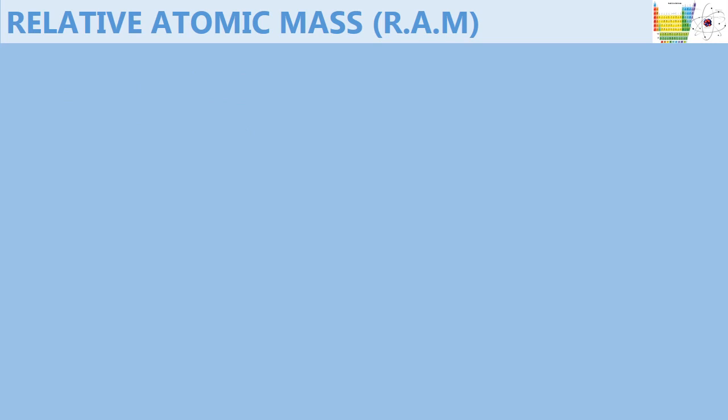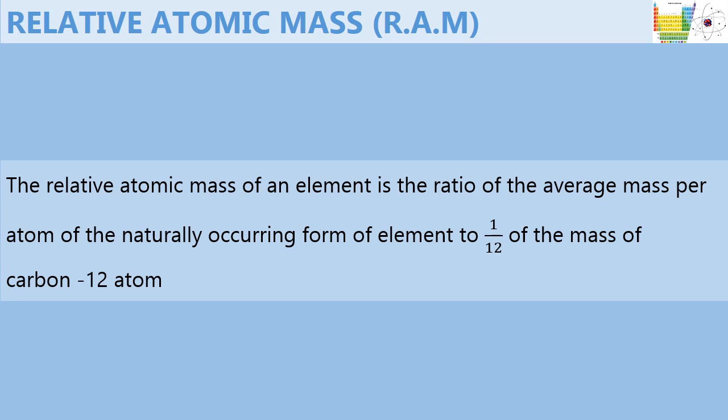This led to a new definition of the relative atomic mass as follows. The relative atomic mass of an element is the ratio of the average mass per atom of the naturally occurring form of the element to 1/12 of the mass of carbon-12 atom.